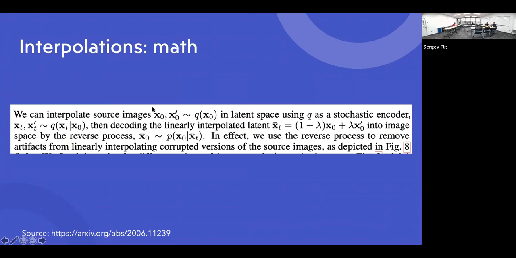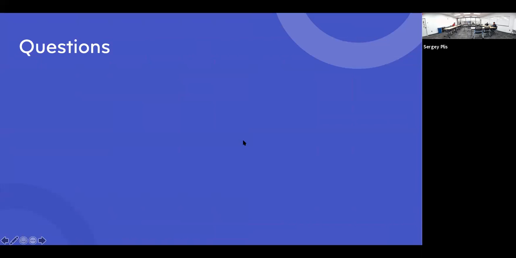What they do is they sample their original data point, and they sample their xt through the forward process, and then they can decode the linear interpolated latent between the two original x zeros like this. So they create a new xt in the forward process by using this lambda basically. Yeah, and then they reverse the process using the decoder. That's it.